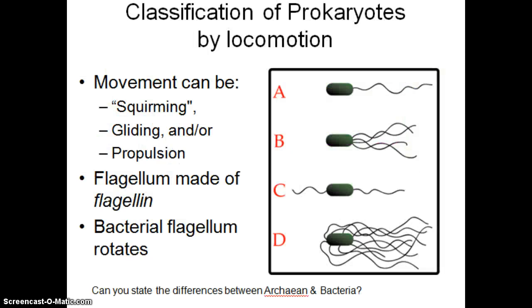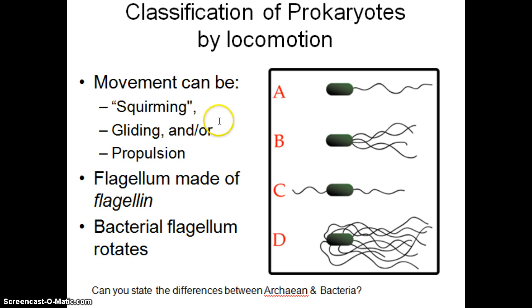The next way is locomotion. So prokaryotes actually move by different methods, and so these are just different pictures of all the different combinations that prokaryotes can have. They can have one flagellum, they can have two, they can have many, they can have like crazy hair days, and their movement depends on the particular type of bacteria we have.